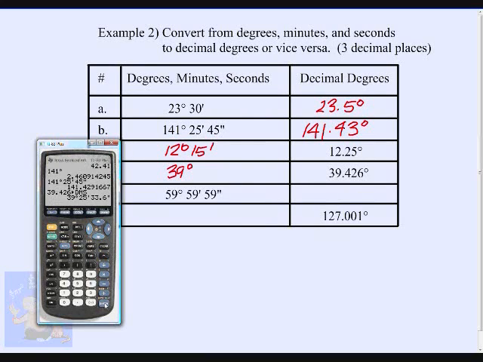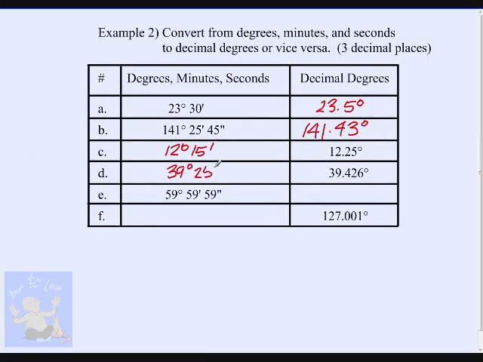Hit enter to figure out what it is. So we end up with decimal seconds. That's kind of messy. All right, 39 degrees, 25 minutes, 33.6 seconds.